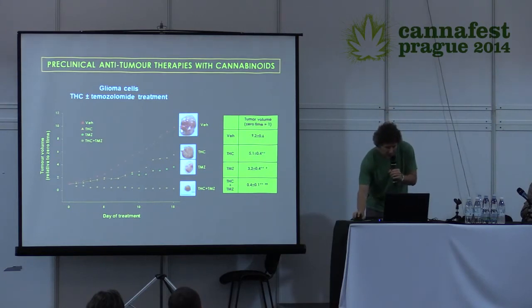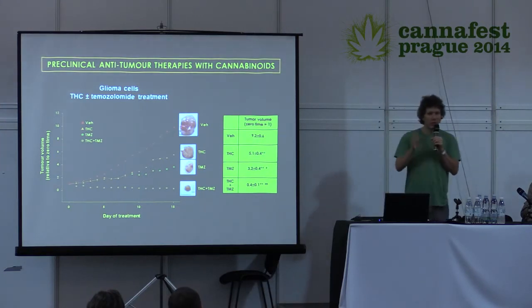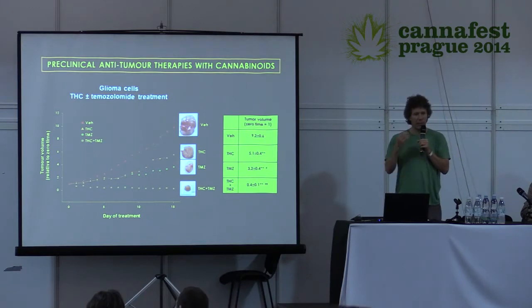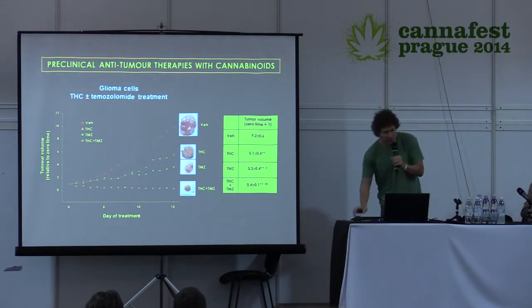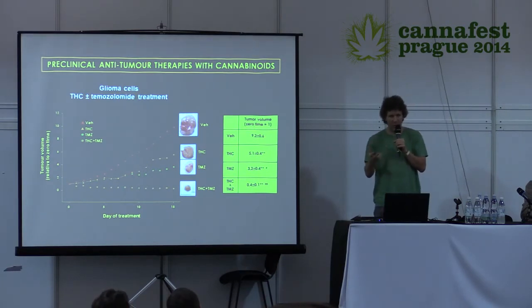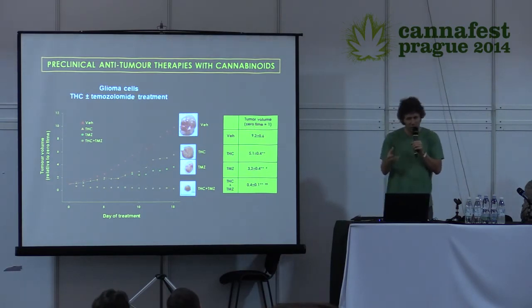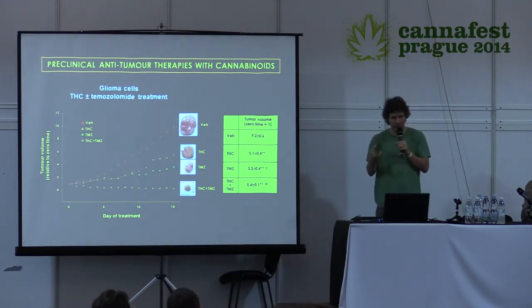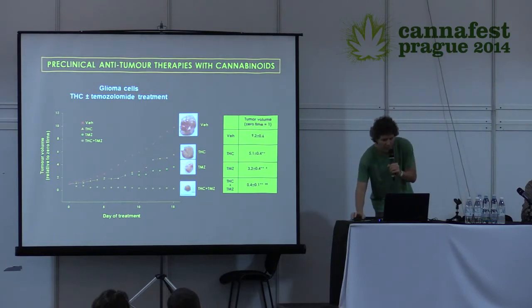First, we have to convince oncologists that cannabinoids can be powerful, that cannabinoids can compete with current anti-tumor therapies. And what we have done in many different models of cancer in animals is try to get the best combinations of cannabinoids, the best conditions to make cannabinoids work pretty efficiently in these models of cancer.